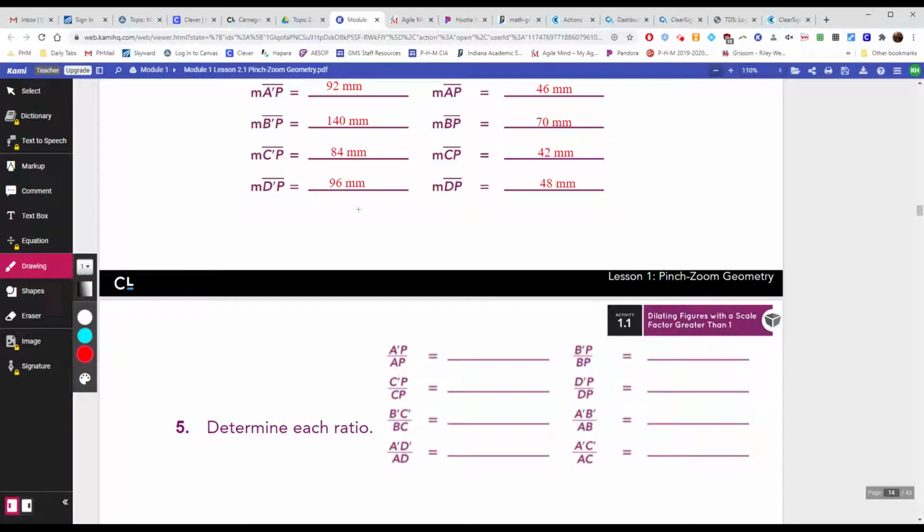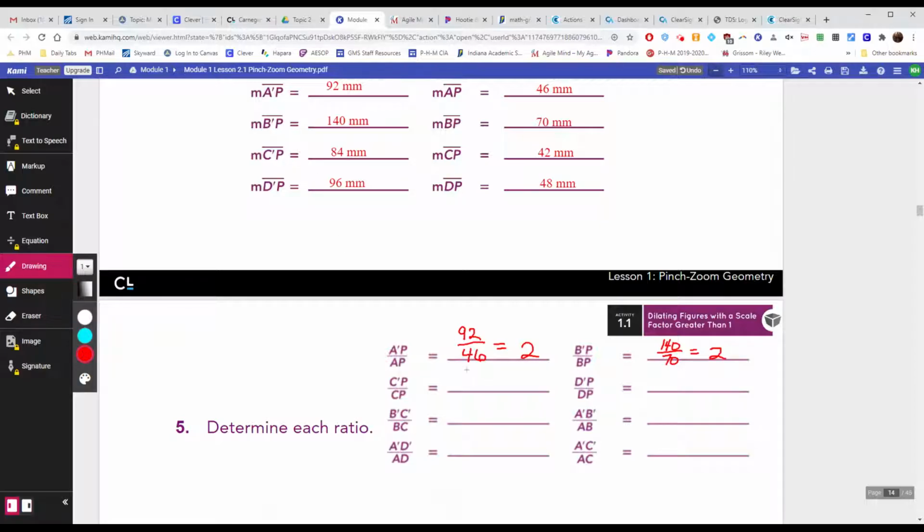So we're going to put A prime P over AP. So A prime P is 92 over AP is 46. So 92 over 46, that simplifies to 2. 92 divided by 46 is 2. We're going to do the same thing with B prime P, which was 140, over BP, which was 70. 140 over 70, that's also equivalent to 2.